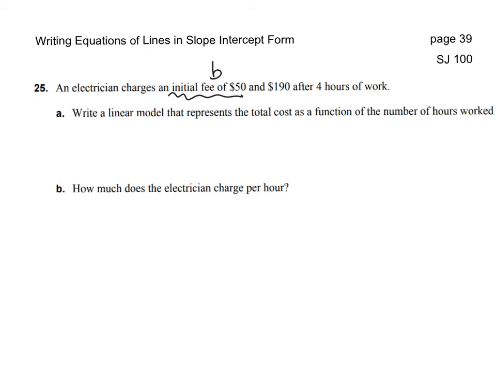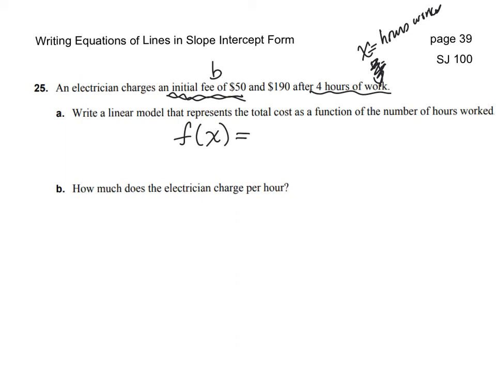So first of all, I'm only going to use this information and this information to write my function. My function of hours worked, or X. So X is going to stand for the hours worked. And Y, yes, Y is the total fee that you have to pay after an initial fee of $50 and 4 hours of work.